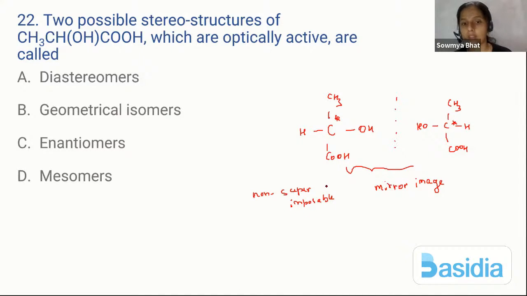So these are non-superimposable, because if you keep this over this, H will come over OH. So the answer would be enantiomers. Mesomers are the compounds where there might be a plane of symmetry or the center of symmetry, but it is not so in this compound.